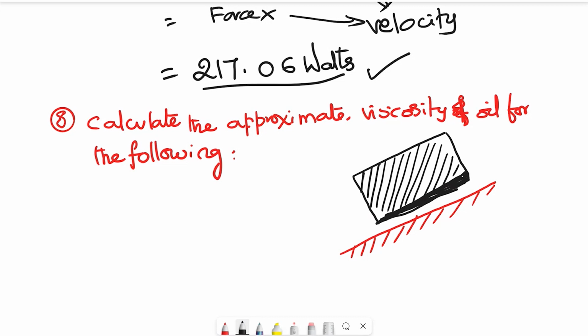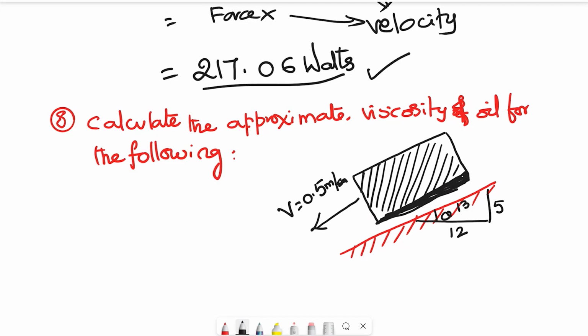The slope of this, they have given it like this. This theta is equal to 5, 12, 13. And this velocity is equal to 0.5 meters per second.